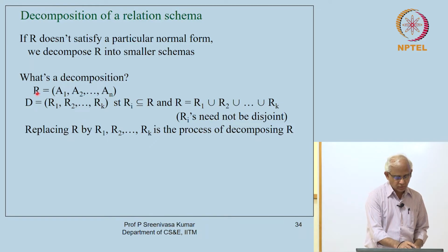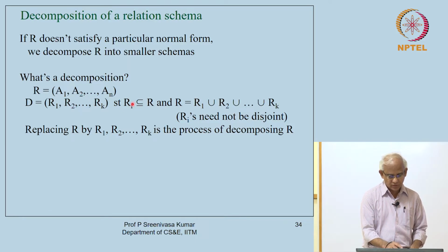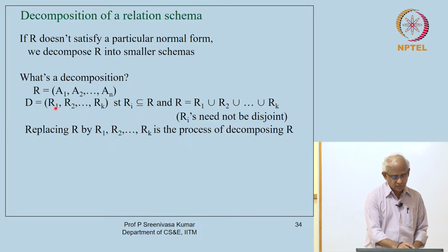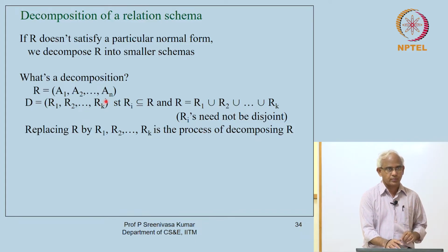If you replace R by k relations R1 through Rk, where each of these Ri is a subset of R, and they collectively have all the attributes of R, then such a replacement of R by R1 through Rk is what is called a decomposition.